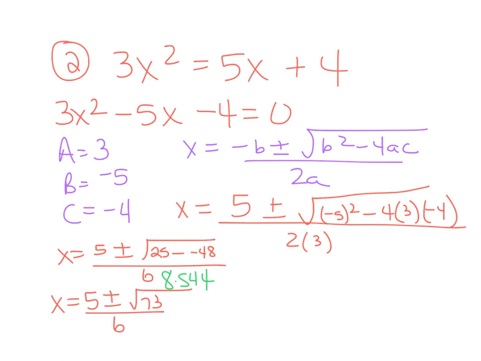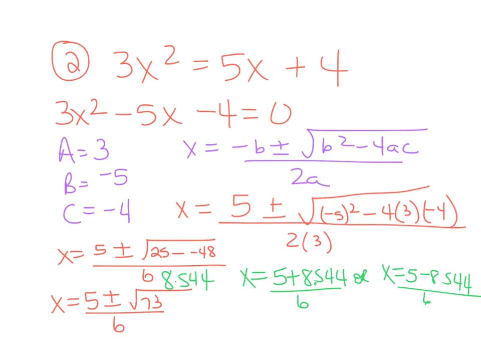All right, so now I know my answer is x equals 5 plus 8.544 divided by 6, or x equals 5 minus 8.544 divided by 6. Okay, so let's see here.